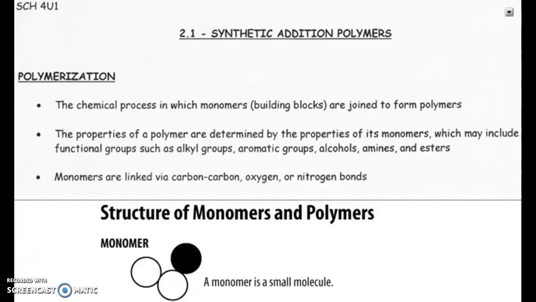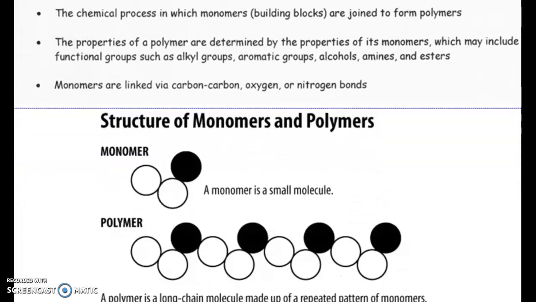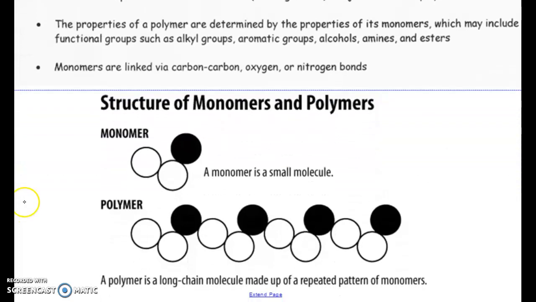Okay, so it's important to know what we're looking at here. This picture is actually a nice way to explain what a polymer is versus a monomer. Polymers are essentially long chains of repeating patterns or repeating units. The monomer is the molecule that we're going to use as that repeating pattern.